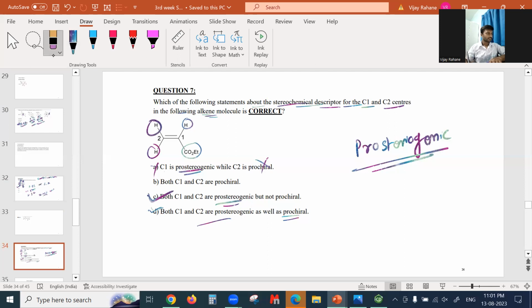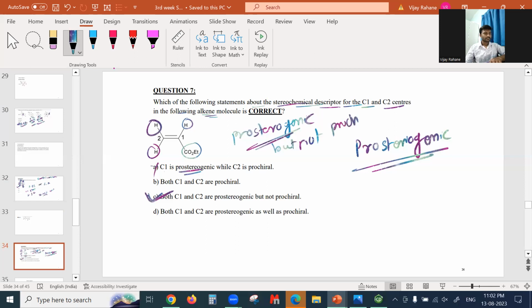So option C will definitely be the correct option, because these two carbons are pro-stereogenic but not prochiral. So option C is the correct option here.